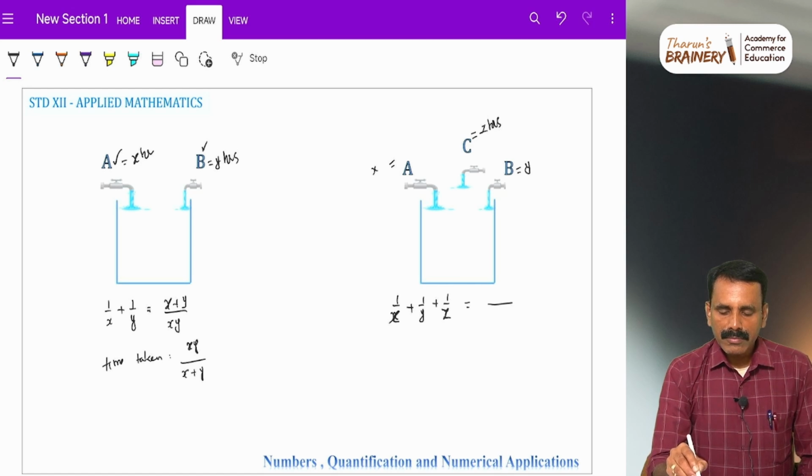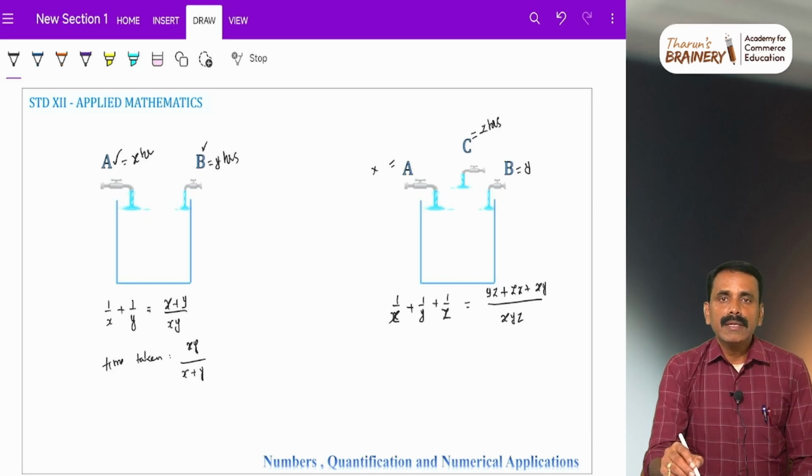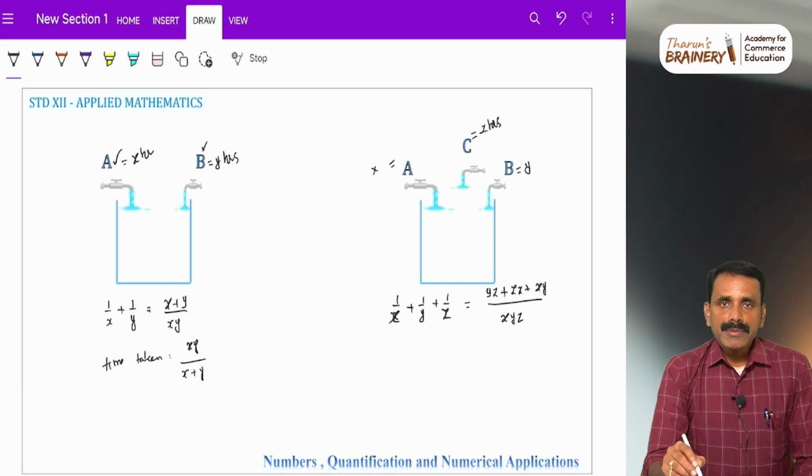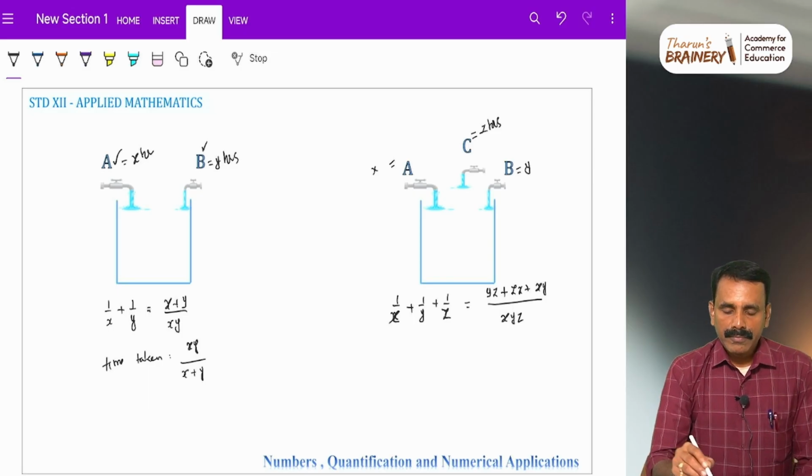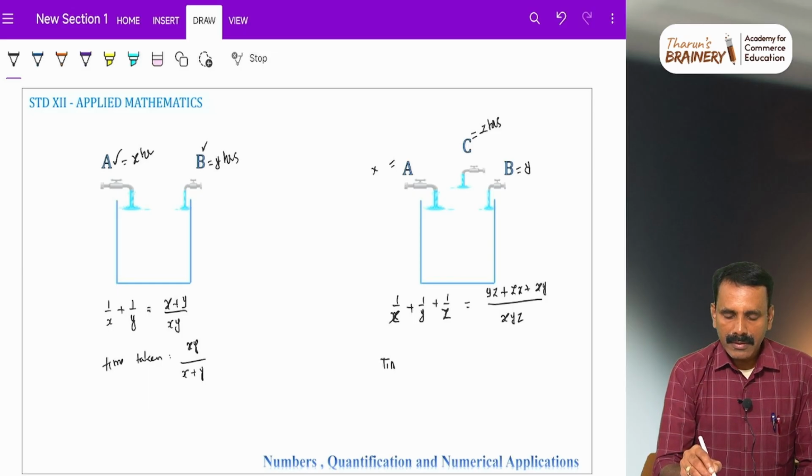So, we take the LCM, which is XYZ. When we take the LCM, it is YZ plus ZX plus XY. This is the part of the tank filled by all the 3 pipes when they are operated together. So, the time taken will be XYZ divided by XY plus YZ plus ZX.